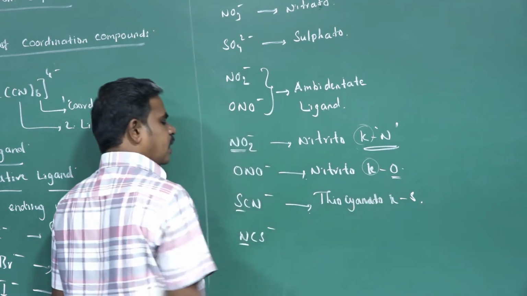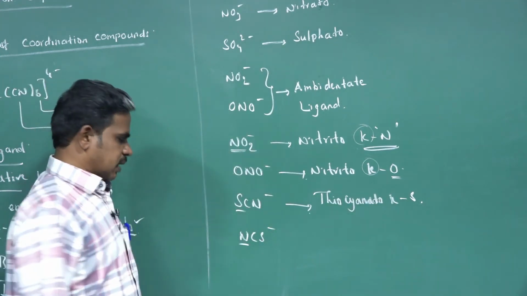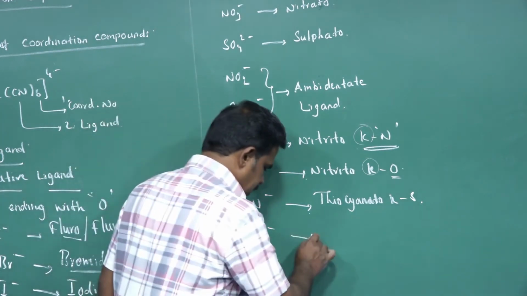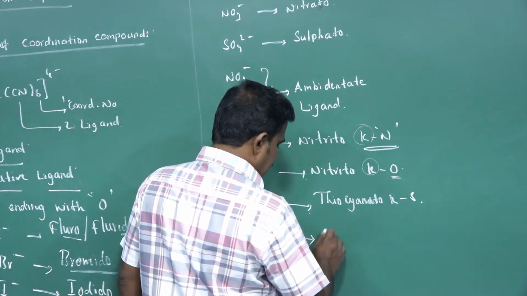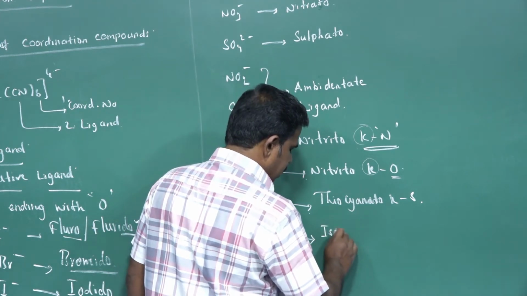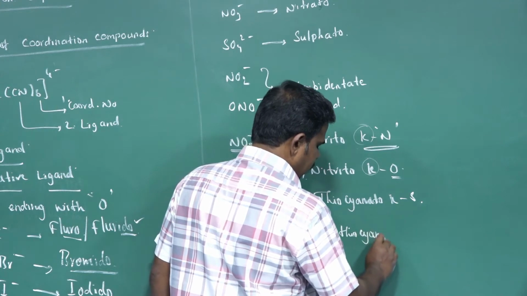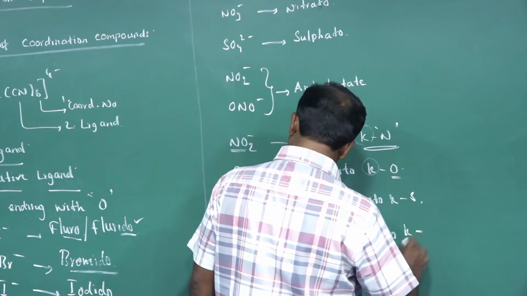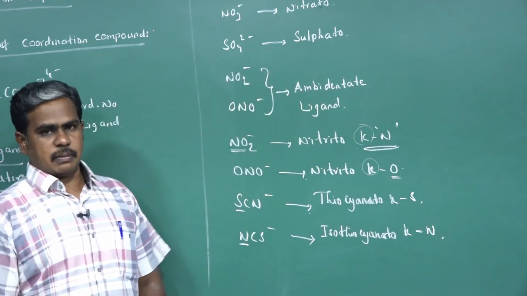What is the meaning of kappa-S? S is making a coordination bond with the central metal atom. And here, which one makes a coordination bond? Here nitrogen. So it is isothiocyanate, with the term kappa and here it is nitrogen. Likewise, we may name it.